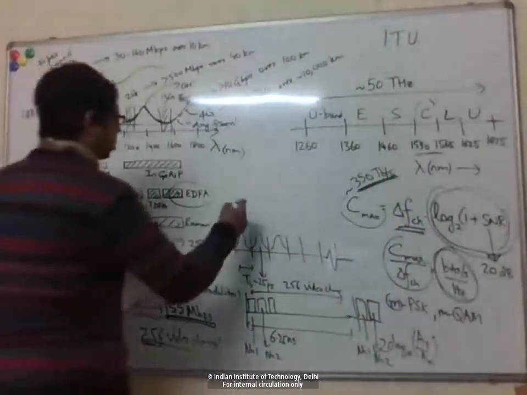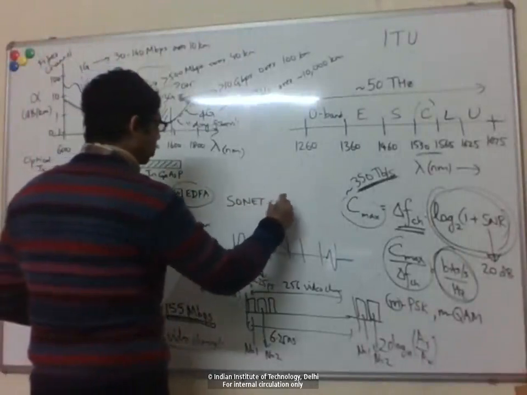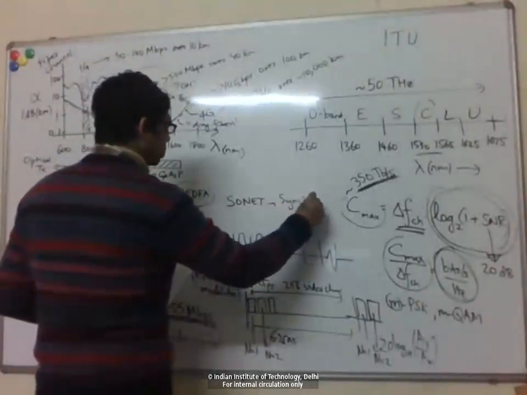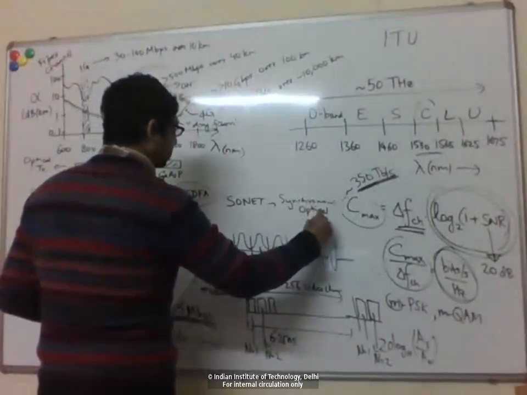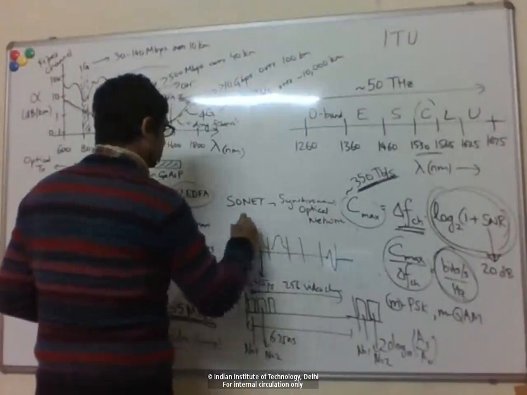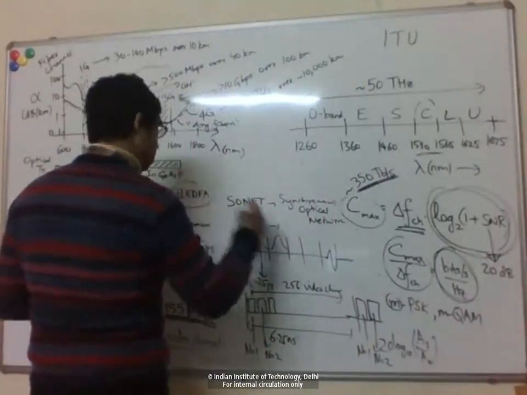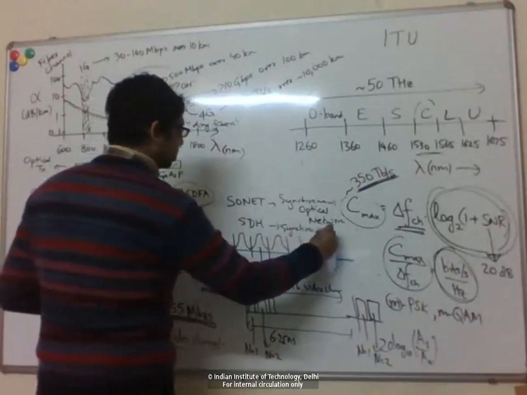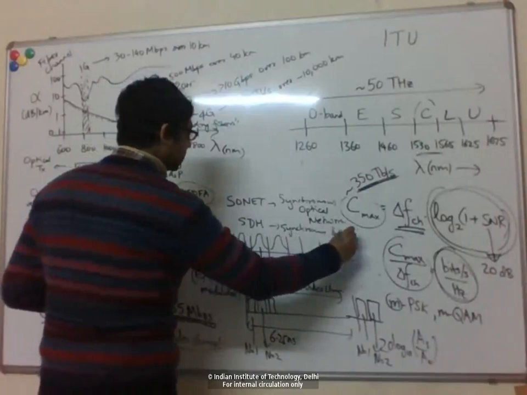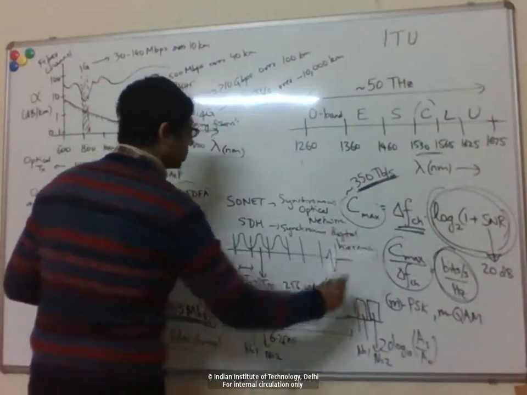These kinds of networks are known as SONET, synchronous optical networks, or sometimes SDH, which is synchronous digital hierarchy.